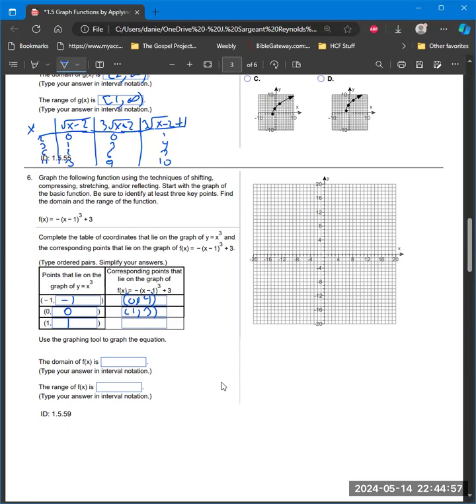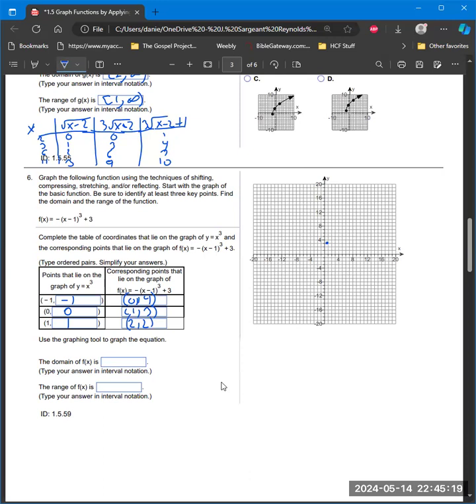Move 1 to the right is going to be 2. That turns into (2, -1). And then add 3 is going to be (2, 2). So let's look at this as (1, 3) is my new centroid here, (1, 3).